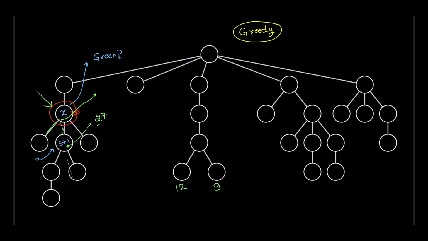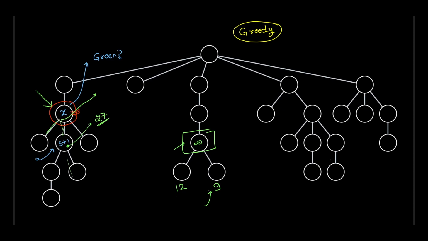So if you have this 27, do you just go ahead and delete this 9? No, that is very risky, because an infinity could be hiding over here. After you delete this 9 and this 12, infinity could emerge, and then infinity would take over and it will never let X become the winner. It will never let X become the largest value.